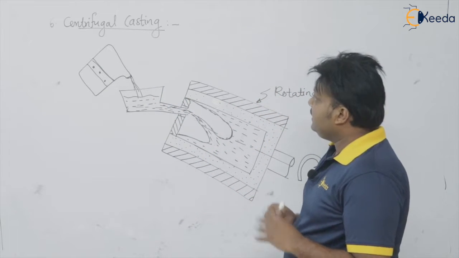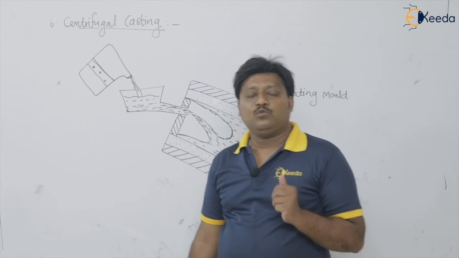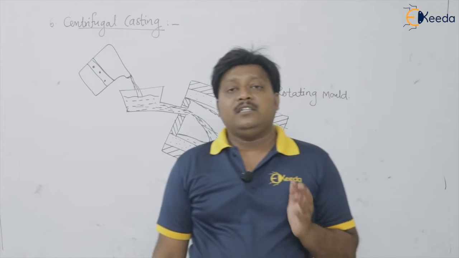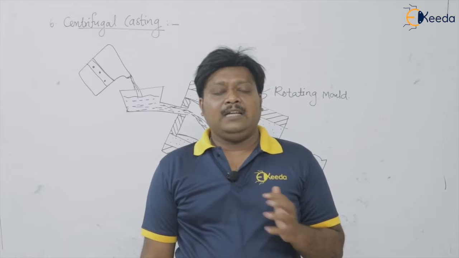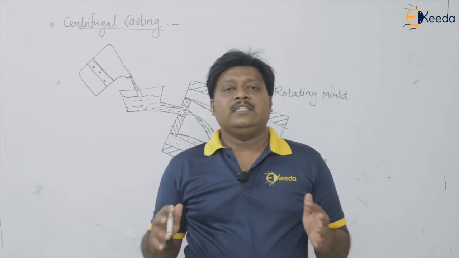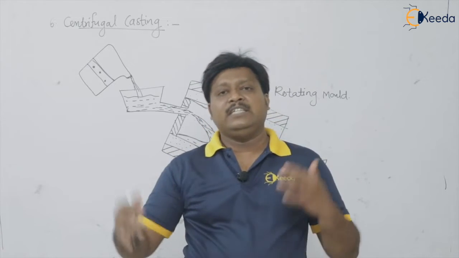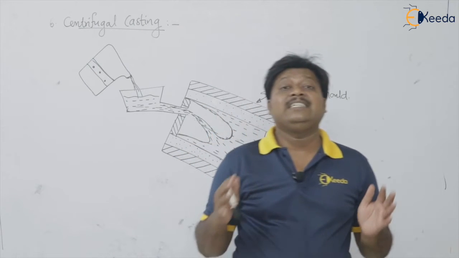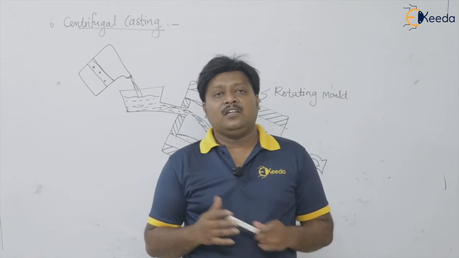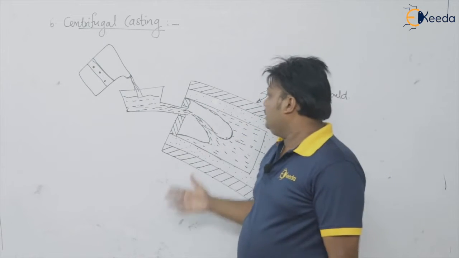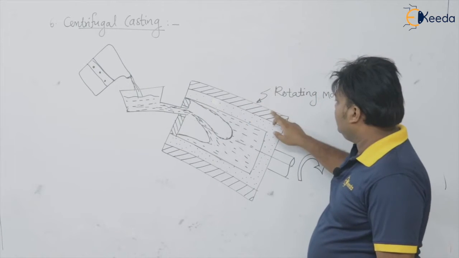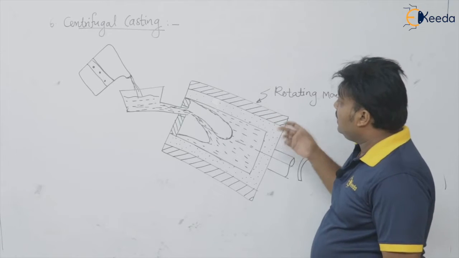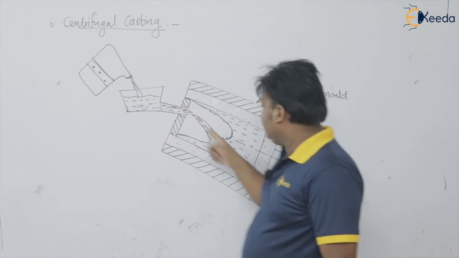In this casting process we are using a permanent mold, and when the molten metal is poured, this mold is continuously rotated until the molten metal solidifies. This is the rotating mold and we are pouring the molten metal here.